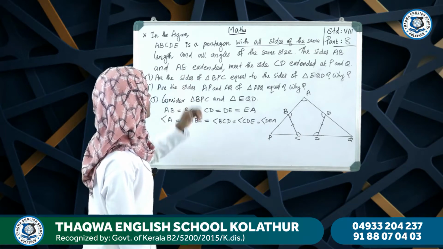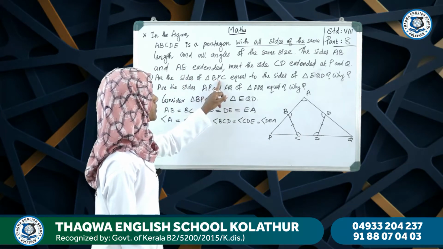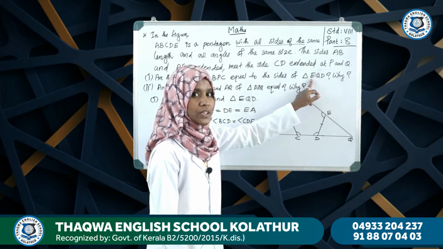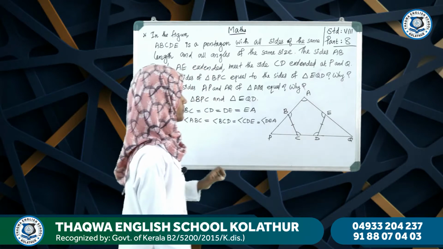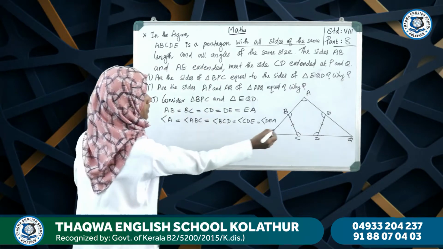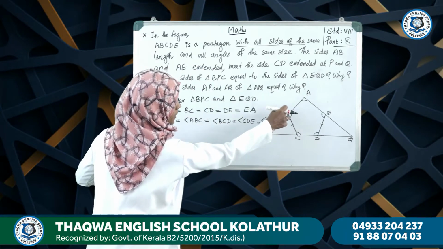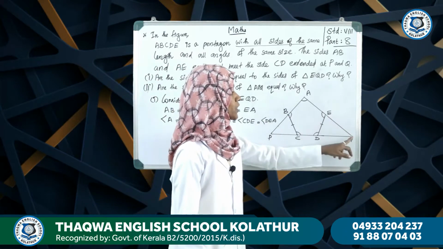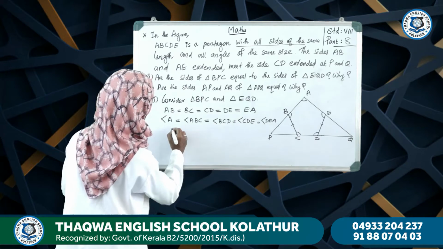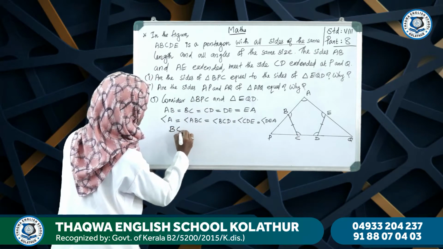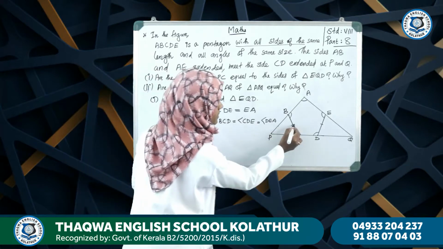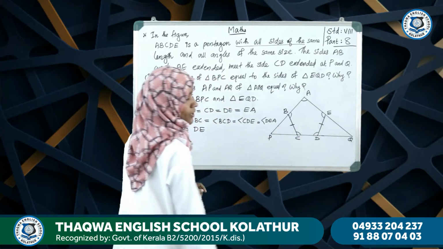And we want to check whether the sides of triangle BPC and triangle EQD are equal or not. So, first consider triangle BPC and triangle EQD. We have BC equals DE.